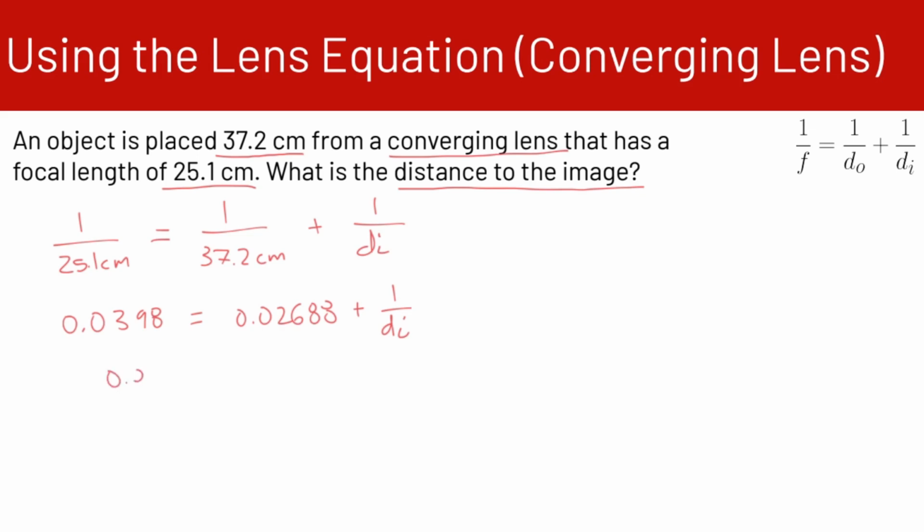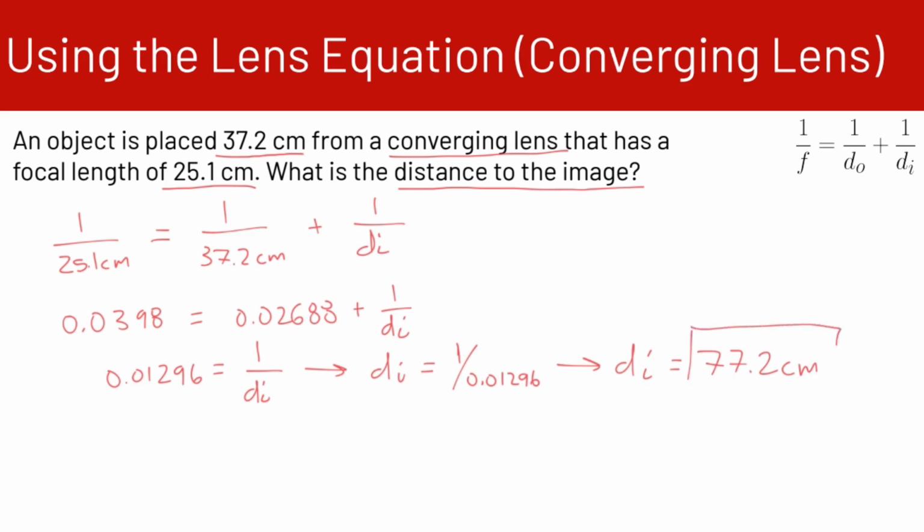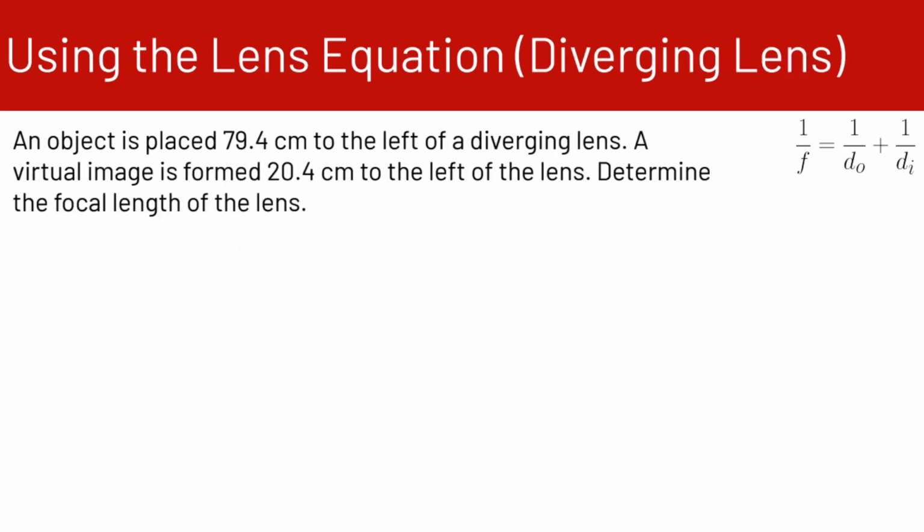So we end up with 0.01296 is equal to 1 over d_i. So d_i is equal to 1 over 0.01296, which means that d_i is equal to 77.2 centimeters. So the image is located 77.2 centimeters from the lens.